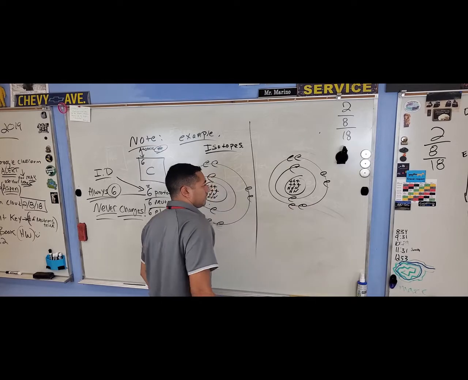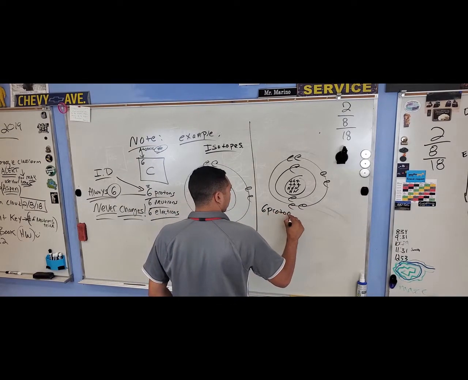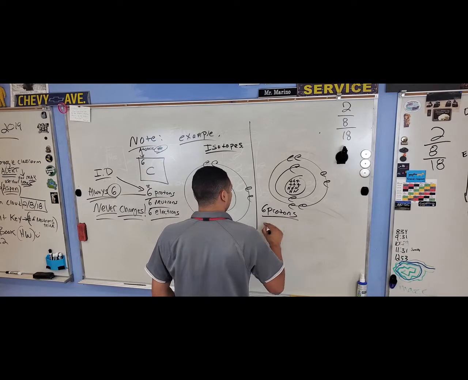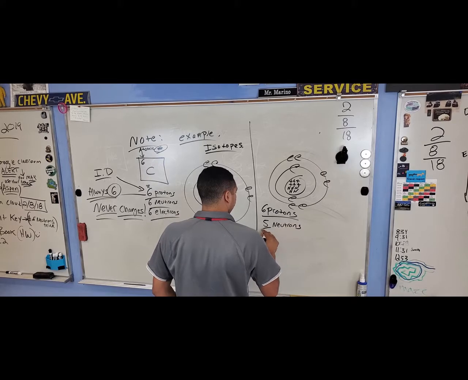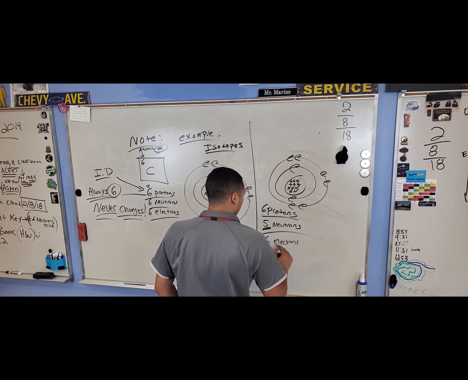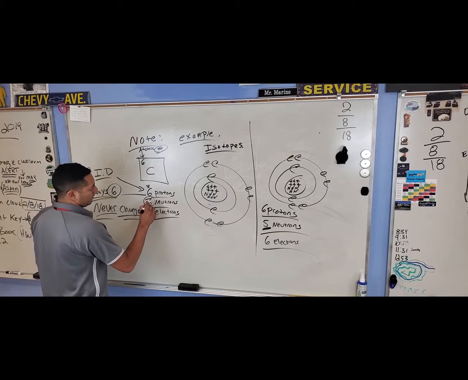It's the identity. So in this example, I'm drawing another carbon atom, but it's going to be a little bit different. In this example, there are 5 neutrons. So we have 6 protons in the nucleus, and we have 5 neutrons. That does not change the identity of the atom. The atom is always going to be that element.